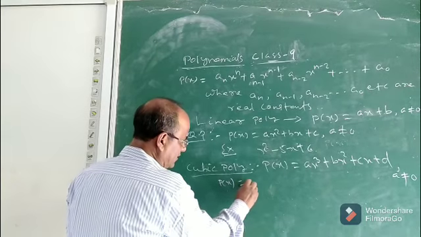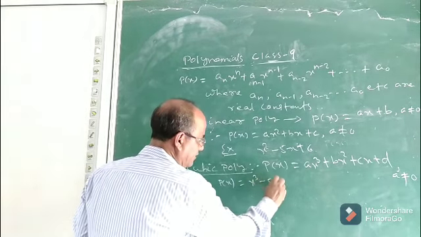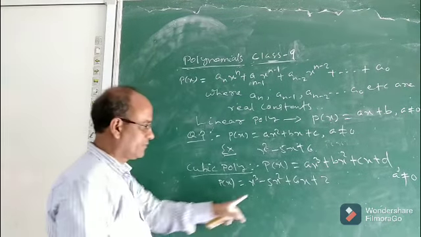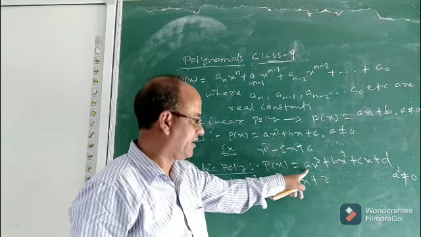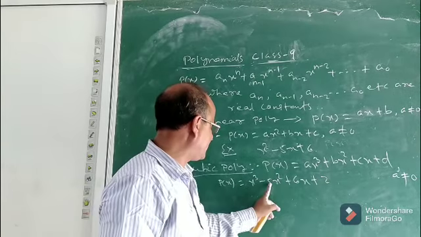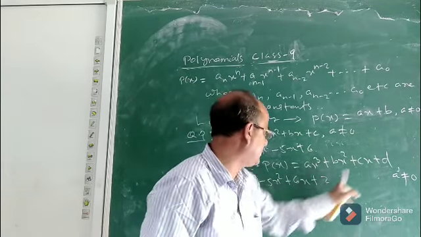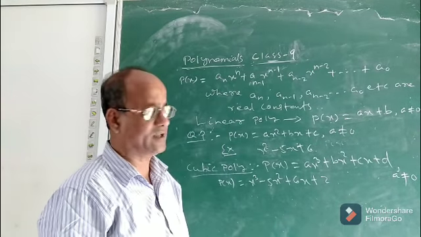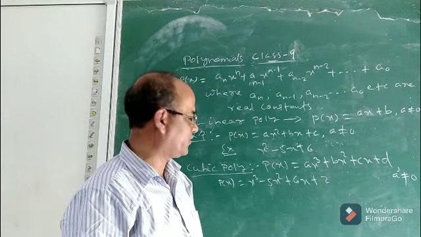Suppose p of x equal to x cubed minus 5x square plus 6x plus 2. You see, here a is 1, b is minus 5, c is 6 and d is 2. Okay? So where a, b, c and d are real constants or real numbers. So I hope you understood.